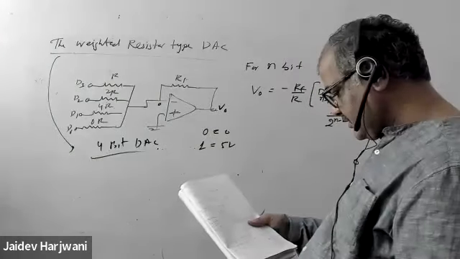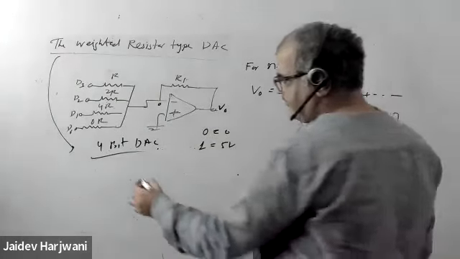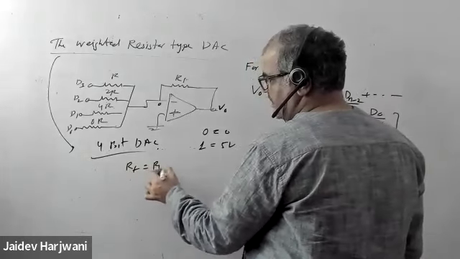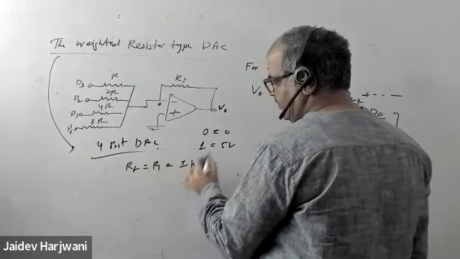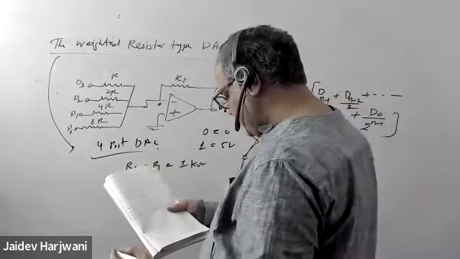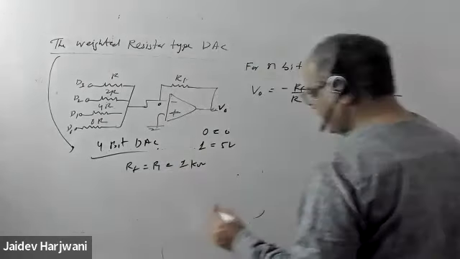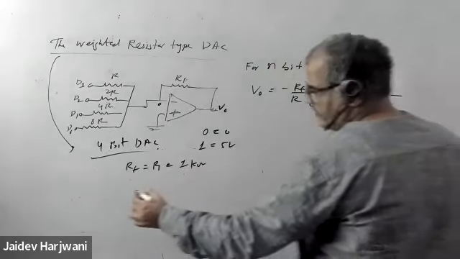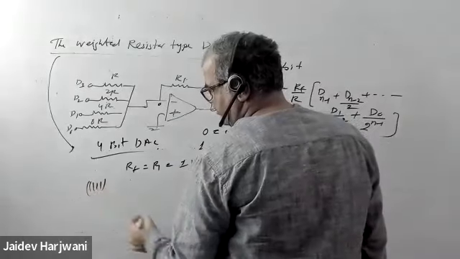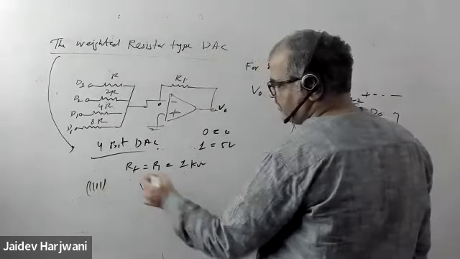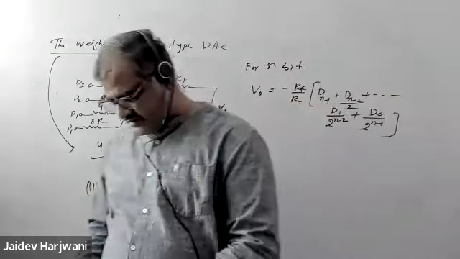They're asking if RF equals R1 equals 1 kilo ohm, then what is the weight corresponding to 1111?